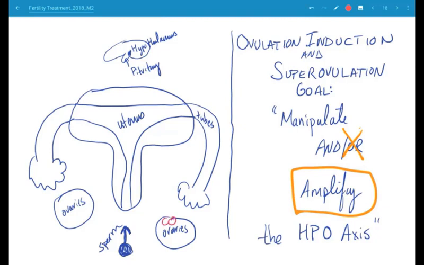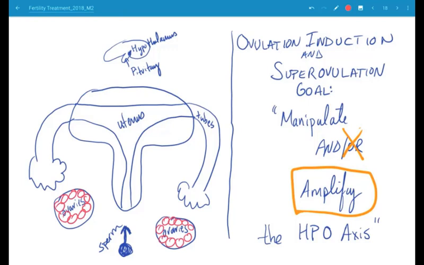So we're trying to manipulate the HPO axis so that we can get all of these follicles to be recruited. Instead of 1, 2, or 3, we want to try to recruit as many as are available. So the point here, and that's why I emphasize this, is to amplify the HPO axis. That is the goal with in vitro fertilization.